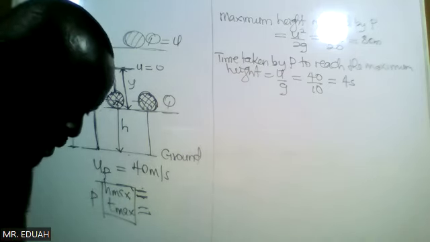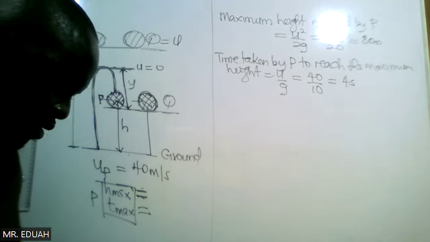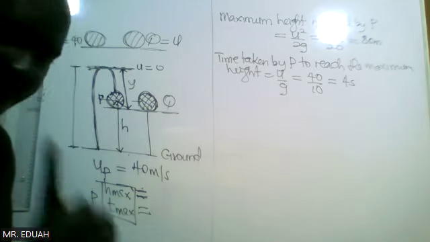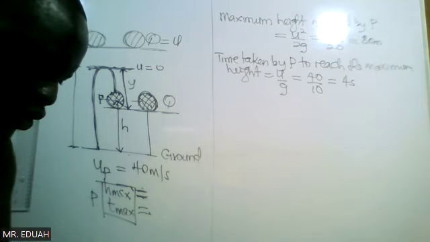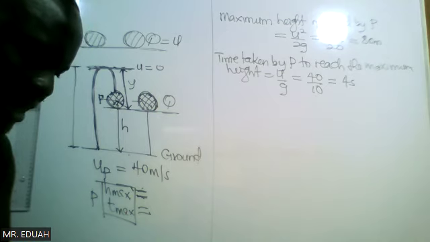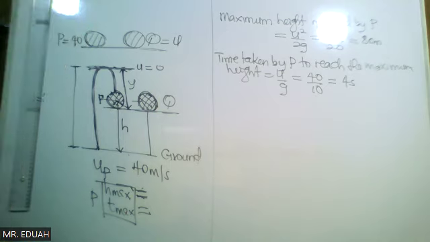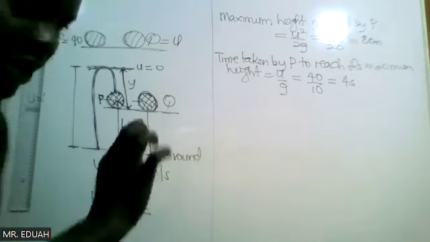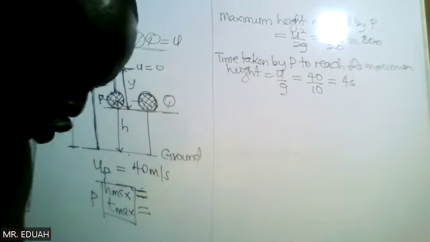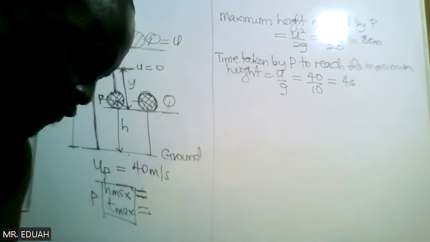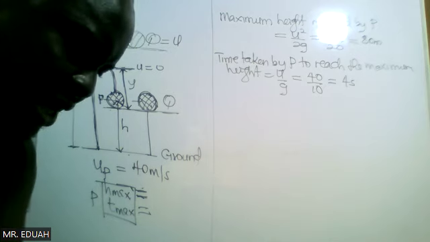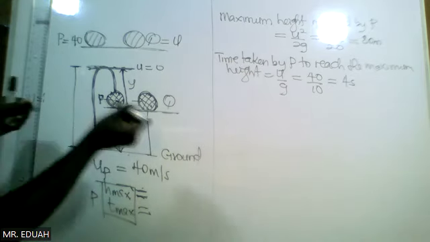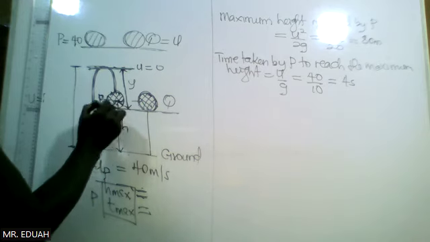The question also told you to find h where the two particles meet, if at the point of meeting, P has a velocity of 15 meters per second.